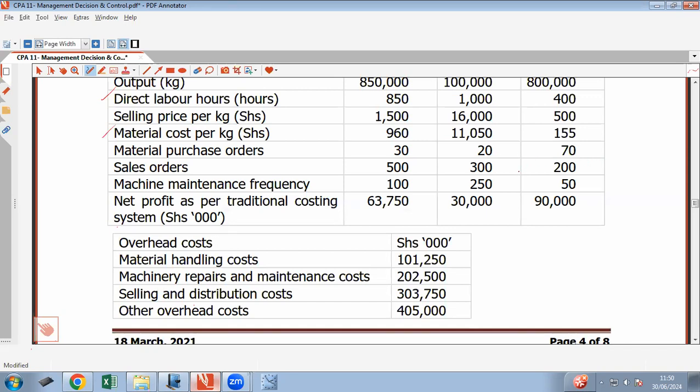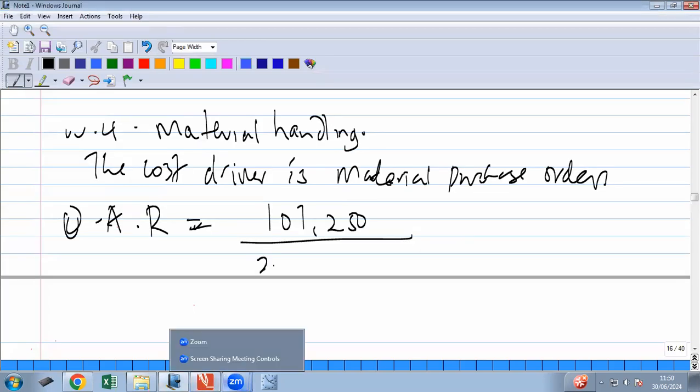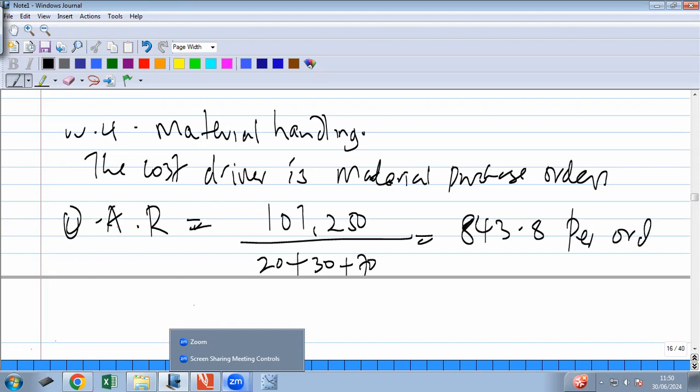So we need to add them. So we have over 20 plus 30 plus 70. So what will be our overhead absorption rate? 843.8, right? This is per order.